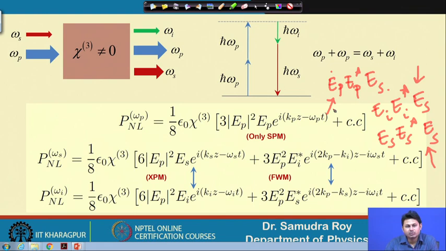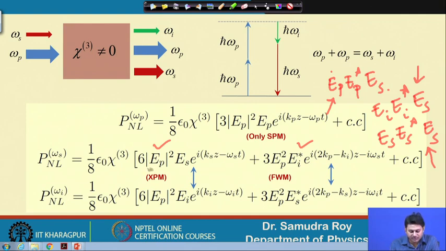So, E p will be more important because pump is very high. That is why I took only this term here and the corresponding 4-wave mixing term, which is this. So, these are the two terms, you should be very careful, there will be many terms, but which term am I taking here? I am taking only the cross phase modulation term with respect to E p because E p is a strong field.